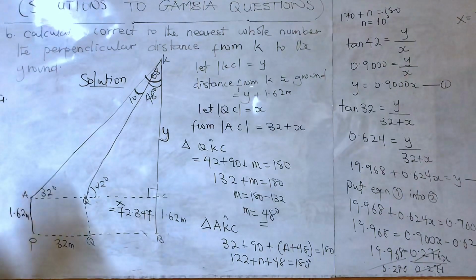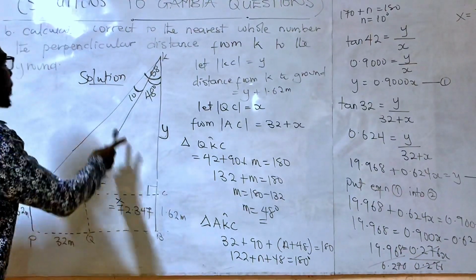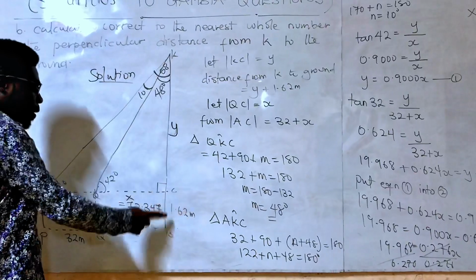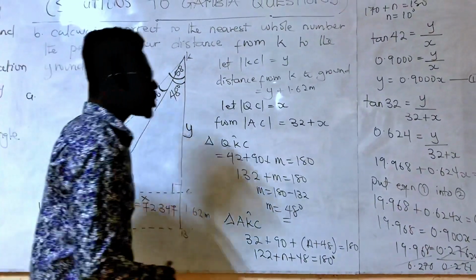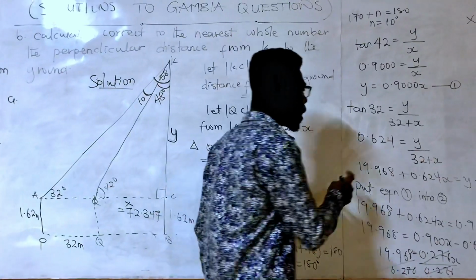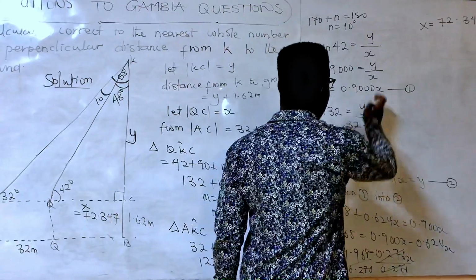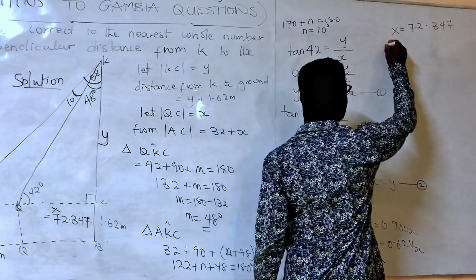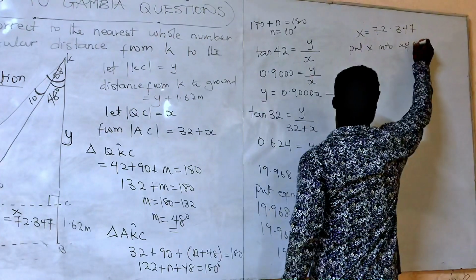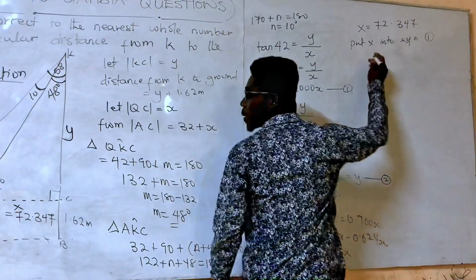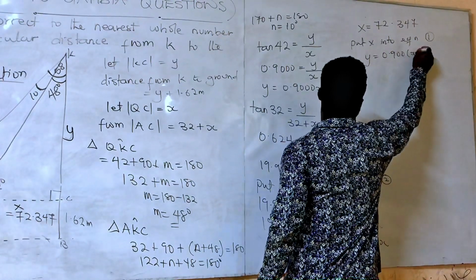Now our target is the y, because y here is the perpendicular distance from K to the ground, but we have to get from K to C. So for us to get y, we already have an equation in terms of y. So we substitute x into equation 1. We get y equal to 0.900x.